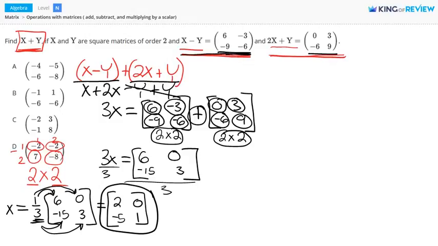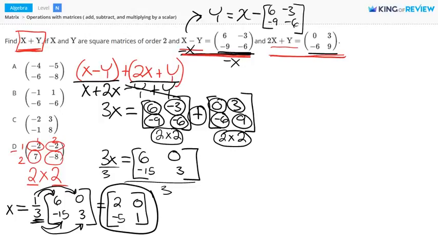Now I have this equation here, so let me rearrange it so that I'm solving for y. I'll subtract an x on both sides. And then, because I have negative y here, I'm going to divide by negative 1 on both sides. This leaves me with y equals x minus the matrix 6, negative 3, negative 9, negative 6.